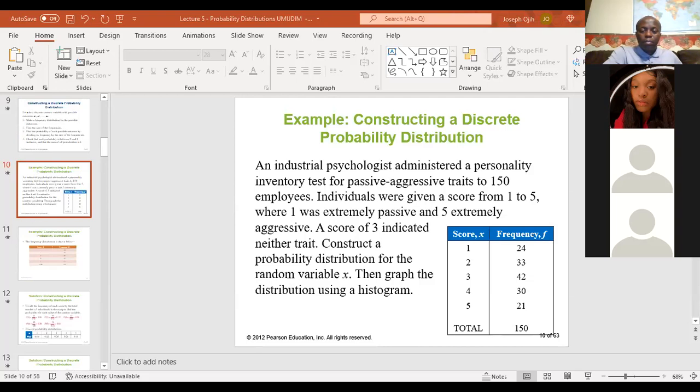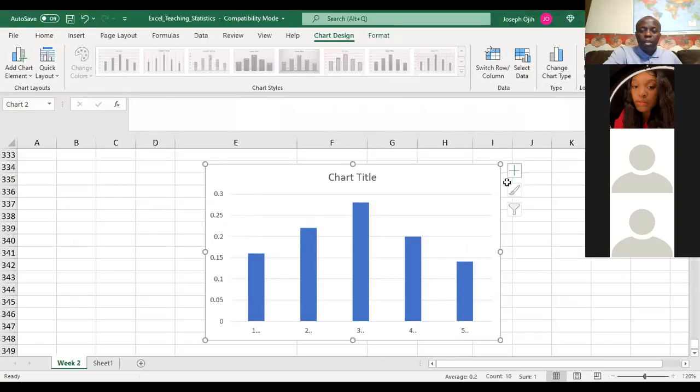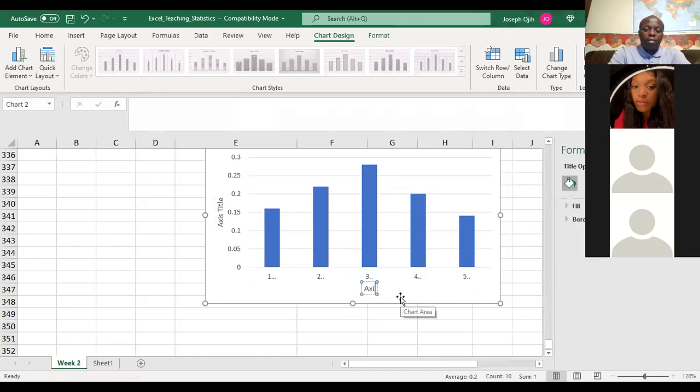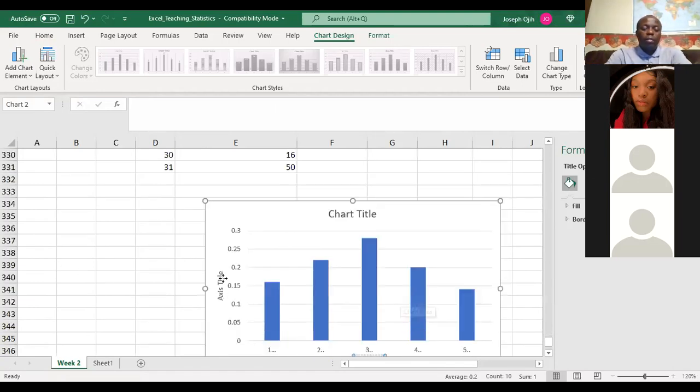So survey score, I'm gonna add the axis. The score X. Score X and the probability. Okay. Probability.